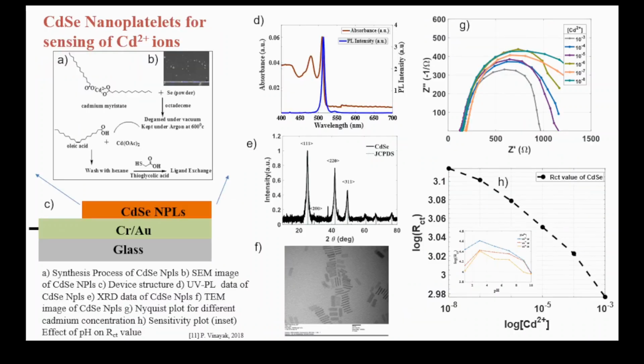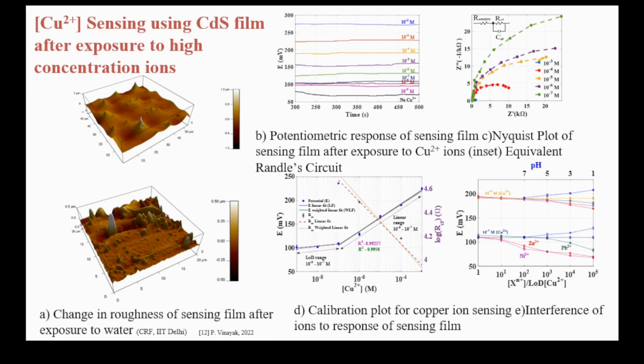there was the charge transfer resistance change, but there was also a change of double layer capacitance, because that CdS film was porous and there was a lot of copper ion from the water accumulating over my working electrode surface. That is why you see the change in the imaginary axis as well as on the real axis. Based upon that we concluded that the CdS film was accumulating and the surface of my CdS film was changing.